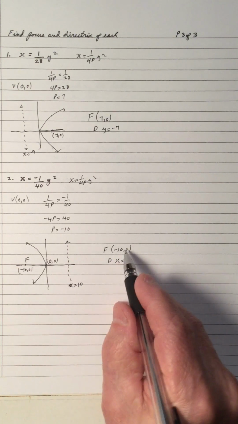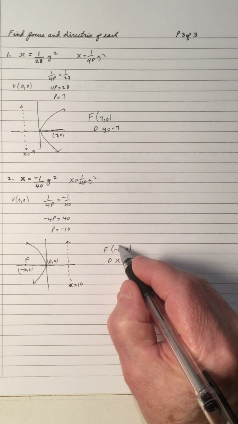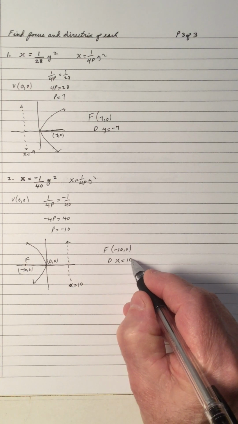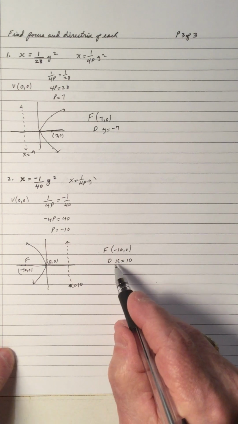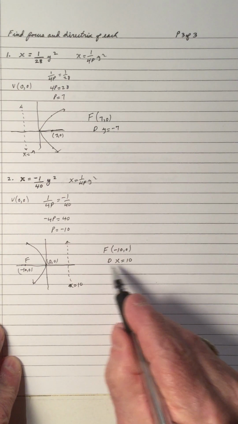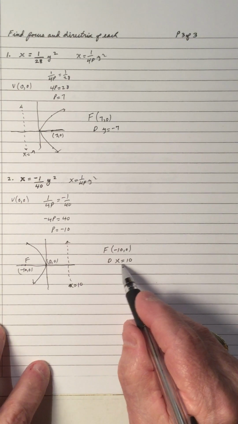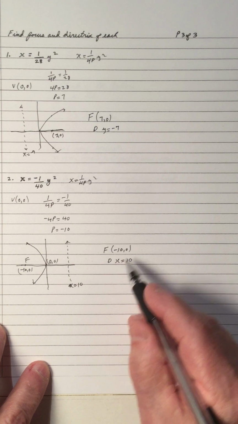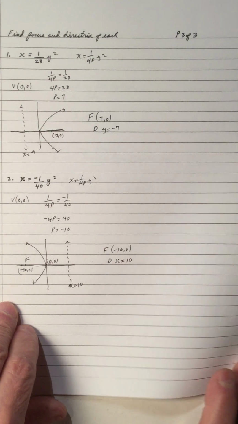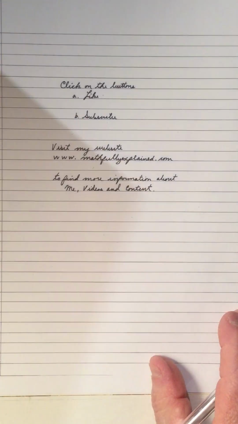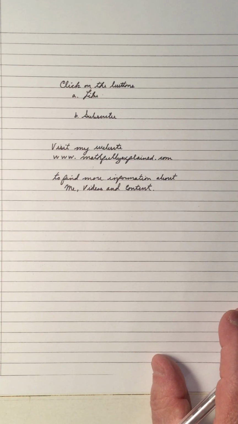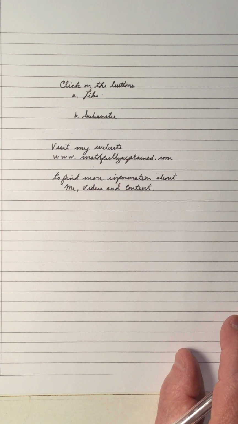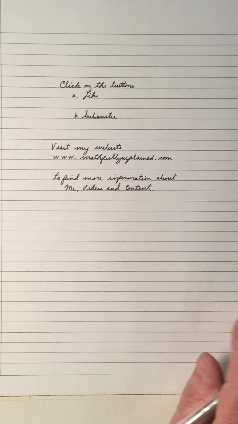So there's your p is negative 10, and this is the opposite of negative 10, which is 10. So again, the directrix going sideways is the vertical line, x equals 10. So that's a review of the parabolas that open horizontally, and it's x equals y squared. When you open vertically, it's y equals x squared.